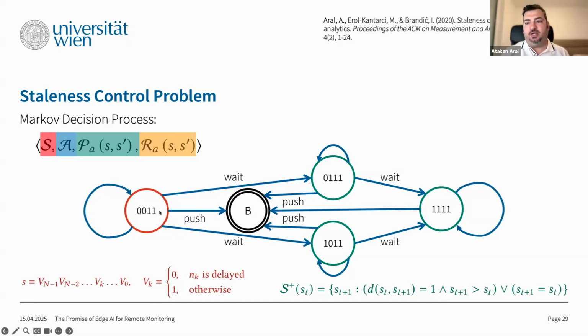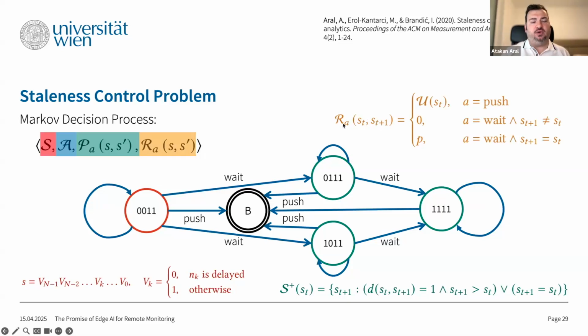That means there were some permanent errors or disconnectivity which caused our partial updates not to arrive at all. So waiting in this case is a waste of time, and you get no improvements. And to take this into consideration, we have a dynamic reward function. So when we choose the decision to push, the reward is the utility of the model that we have. So if it is accuracy, it is accuracy.